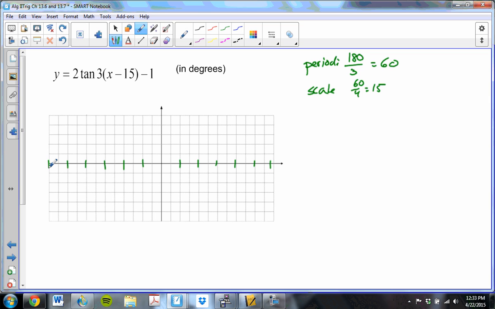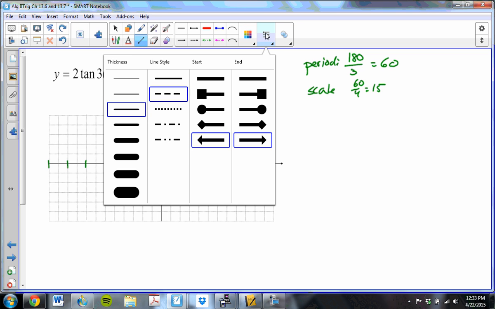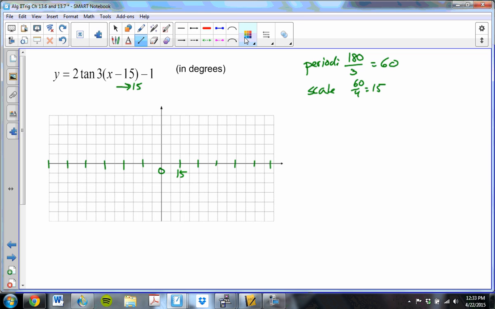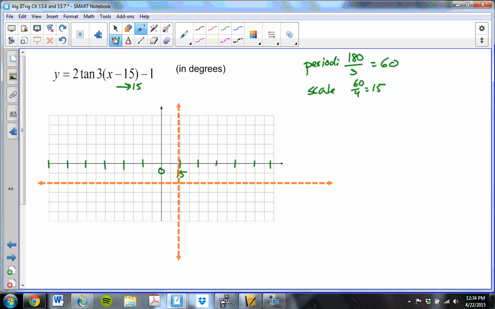But now what I do is I think about moving this thing to the right 15 units, which is here. So if that's 15 units, the center of my graph is going to be here and here, because everything was moved right 15 and down 1.